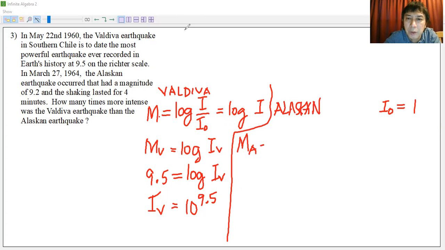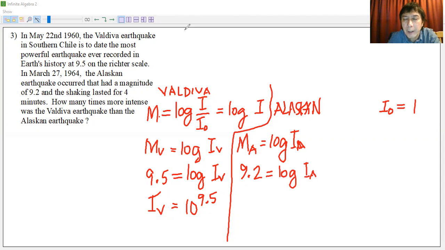All right, this will now be MA is equal to log IA. There, log IA. This will now be 9.2, which is equal to log IA. And then using the exponential form, IA is equal to 10 raised to 9.2.